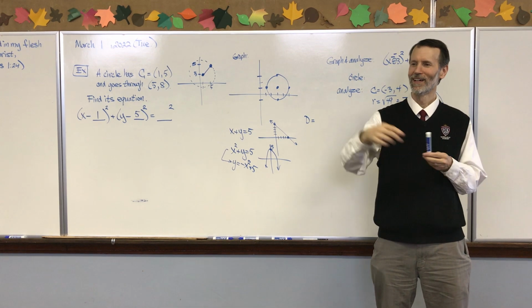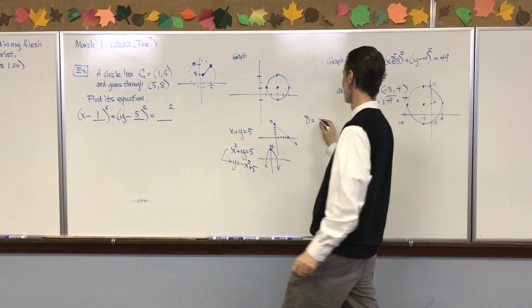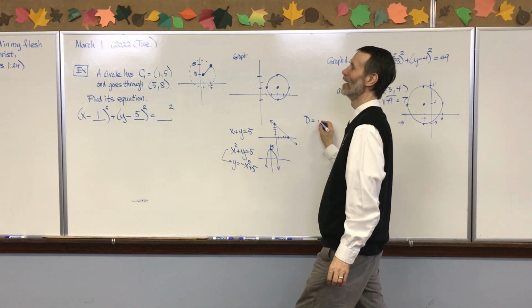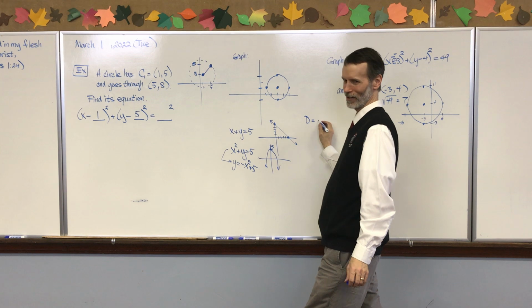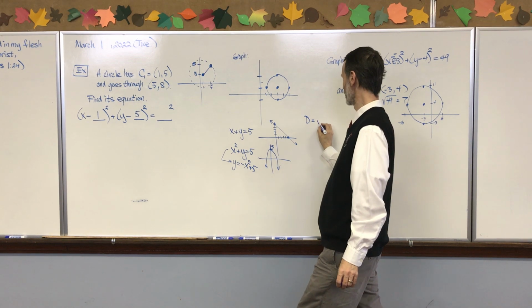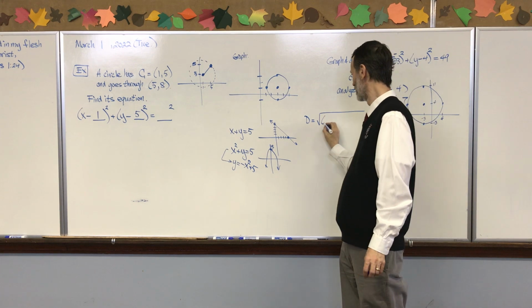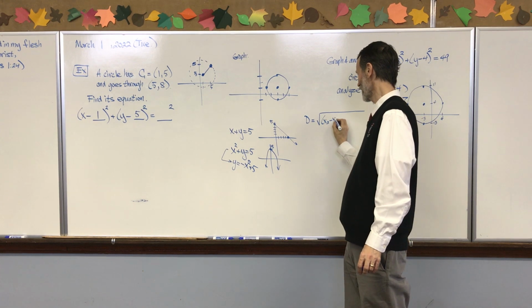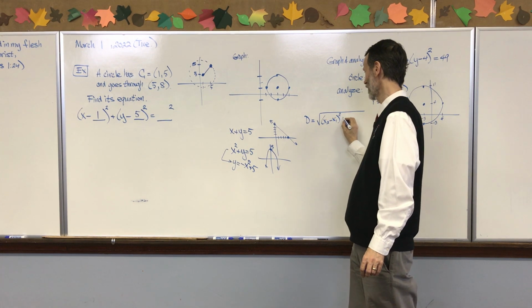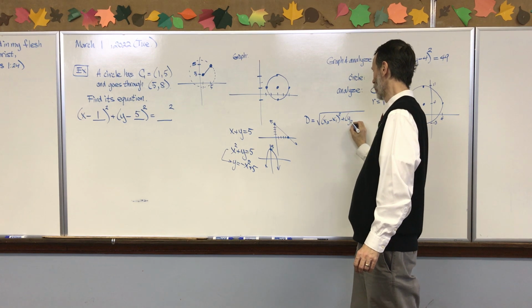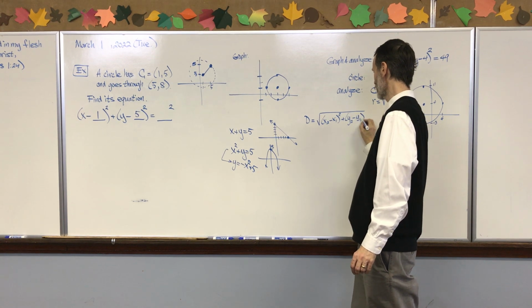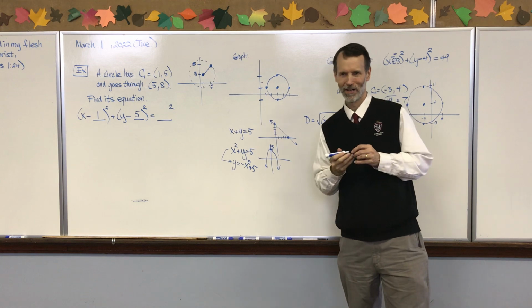Is it like x2 minus, no, exactly. Kinda, sorta. The big, huge radical. The square root of x2 minus x1 parentheses squared plus y2 minus y1 parentheses squared.